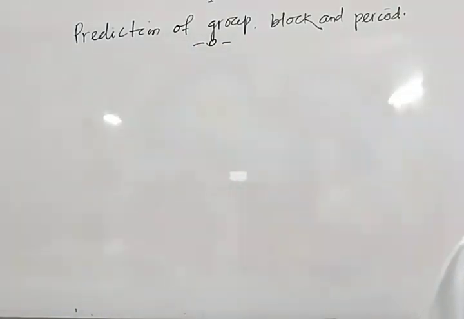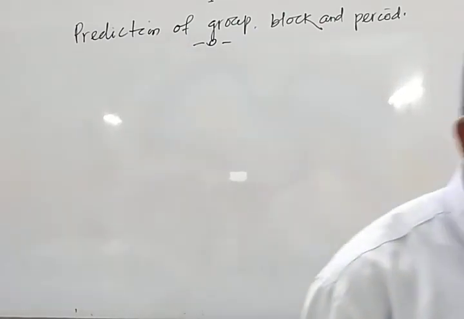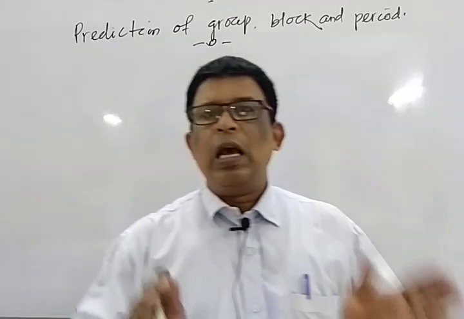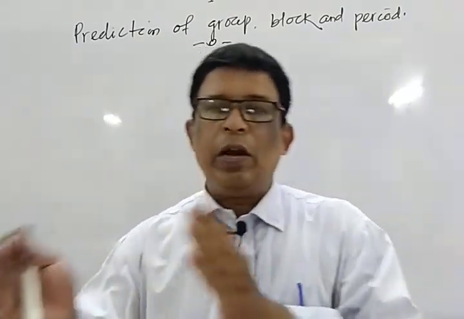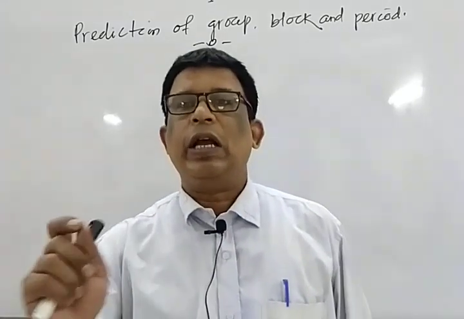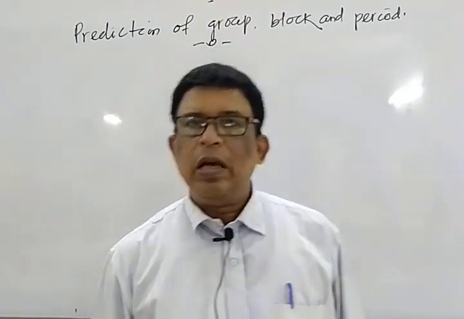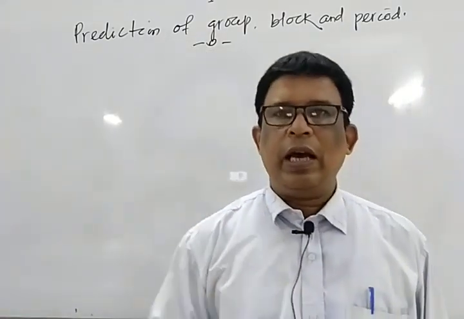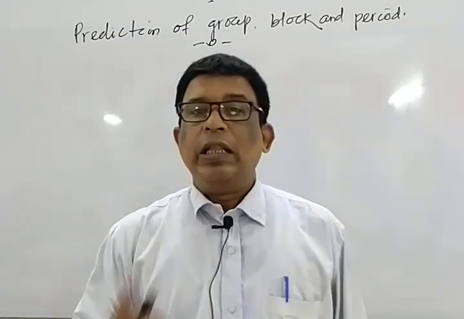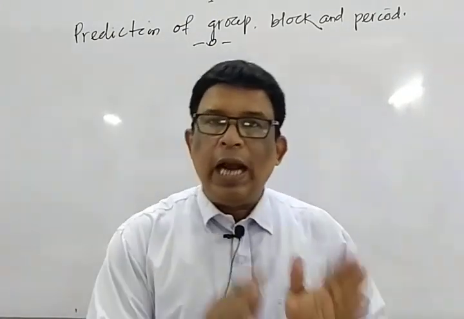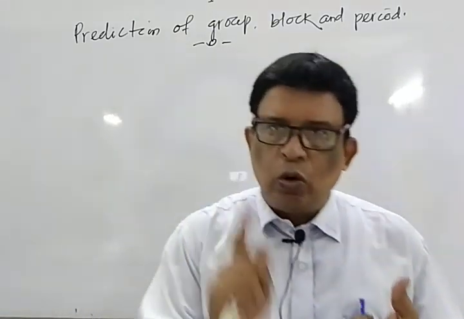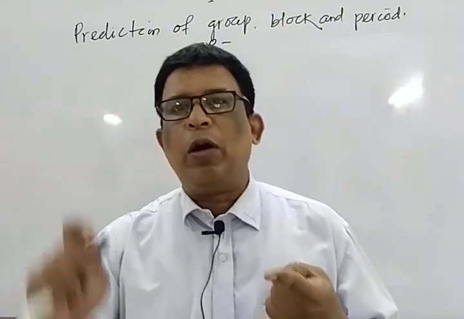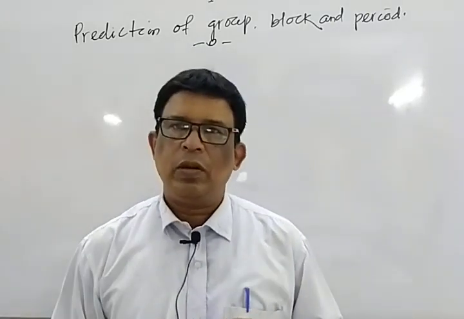To calculate the block, for s block, that means how to know that an element belongs to s block: in the electronic configuration, if the last electron enters the s orbital, then it is s block. Then what is the group number? To identify the group number, 2 to 3 points. For s block, the group number is equal to the number of valence electrons.